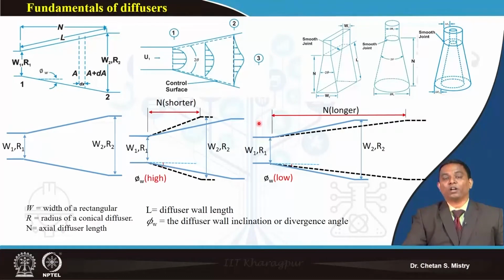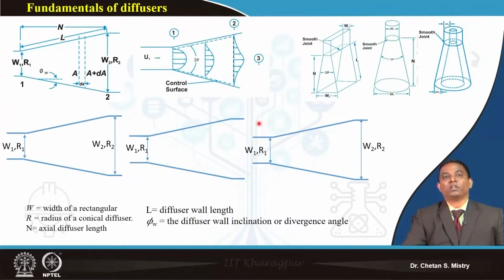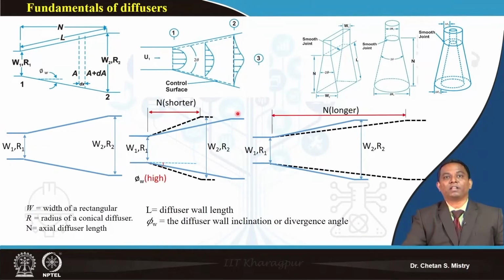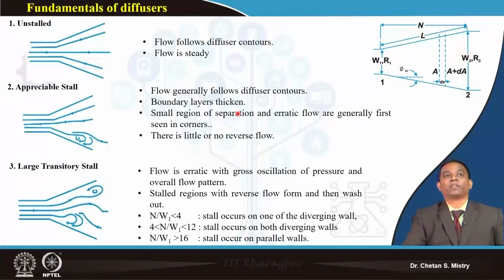So let's try to understand what is happening within this flow passage. So this is what we say in the sense of my application. So here if you look at, this is representing my streamlines. These streamlines are following the curvature of my diffusing duct.